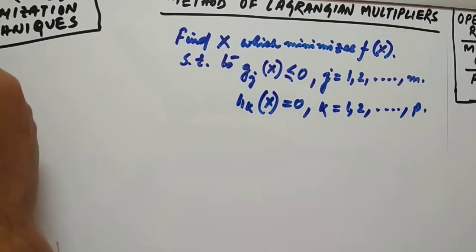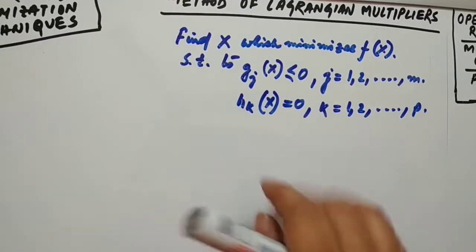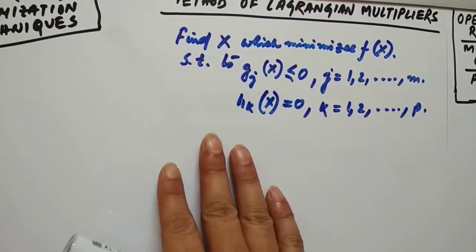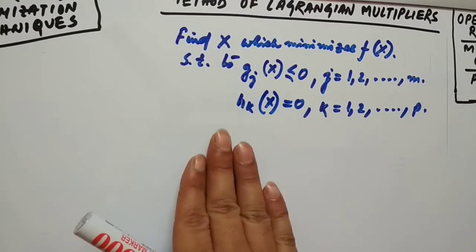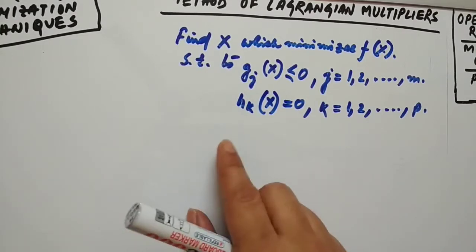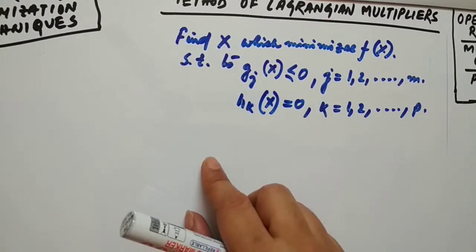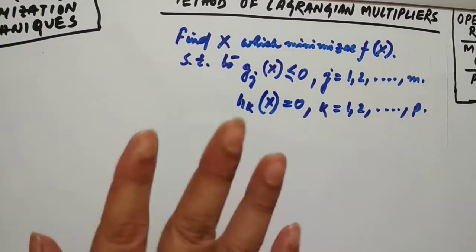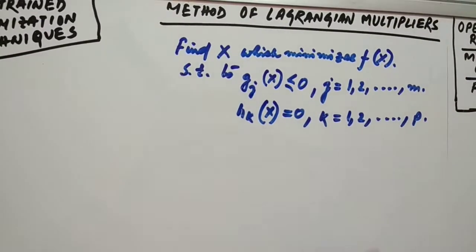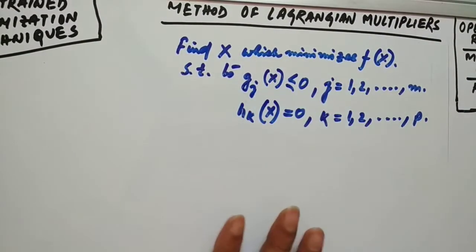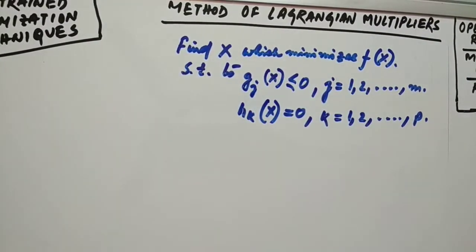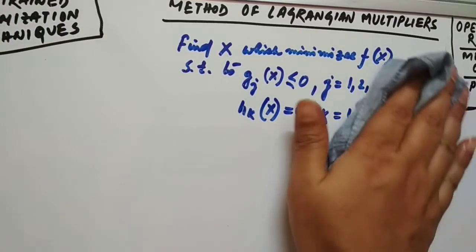Okay, as you know, there are many techniques available for the solution of a constrained nonlinear programming problem. We will solve only with the help of Lagrangian multipliers, because we have only this one in your syllabus.